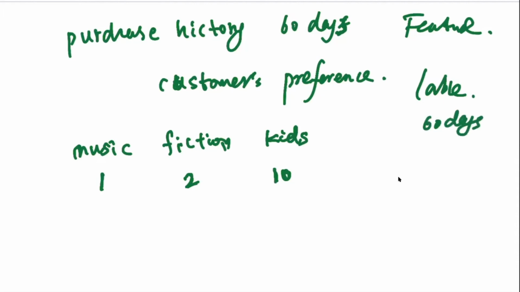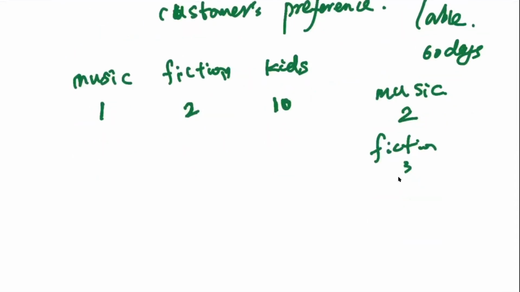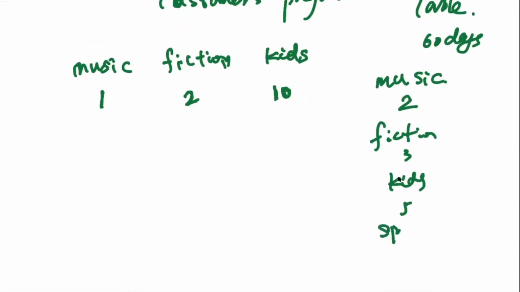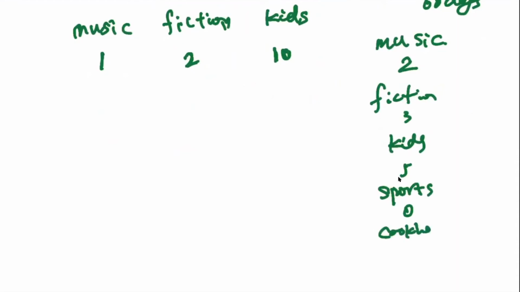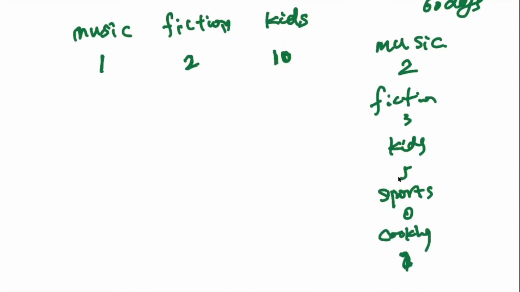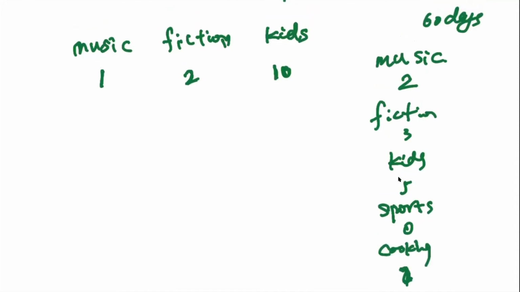For example, for the following 60 days, the customer also bought music books, maybe 2, fiction, say 3, kids books, maybe 5, sports, maybe 0, and cooking, maybe 1 or 2. This will be the label, but usually we can normalize them.